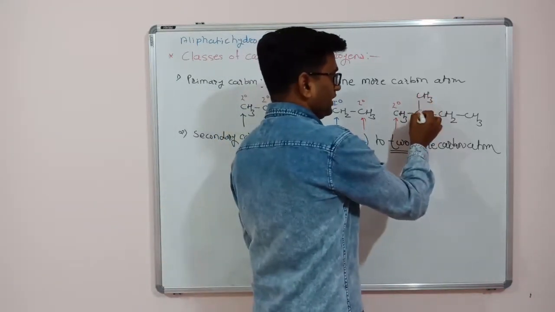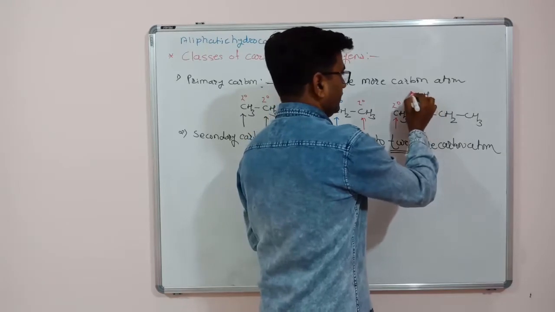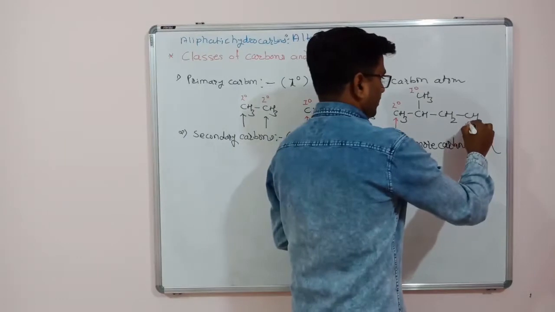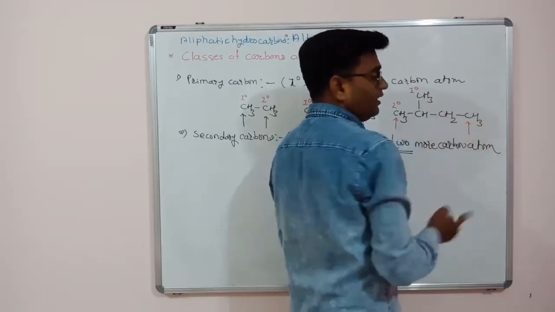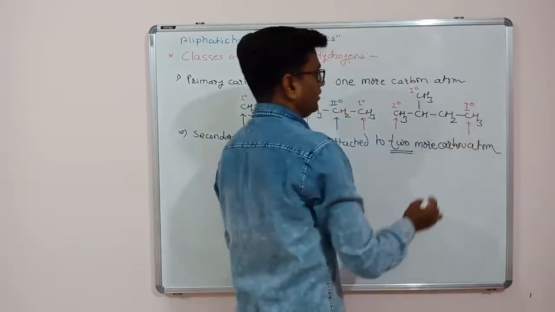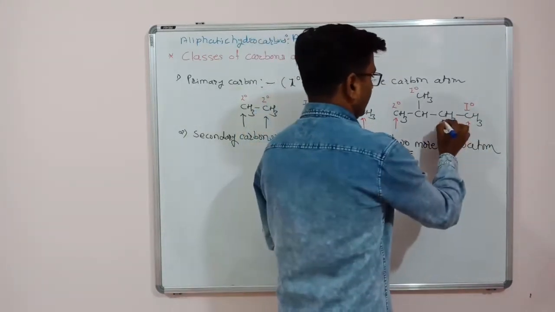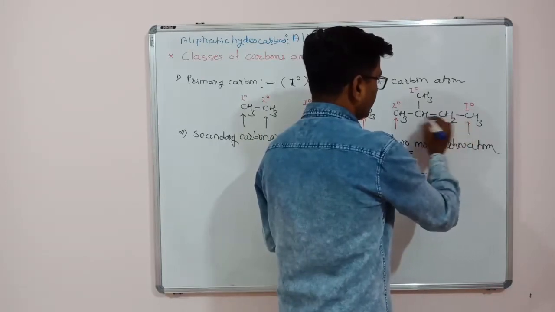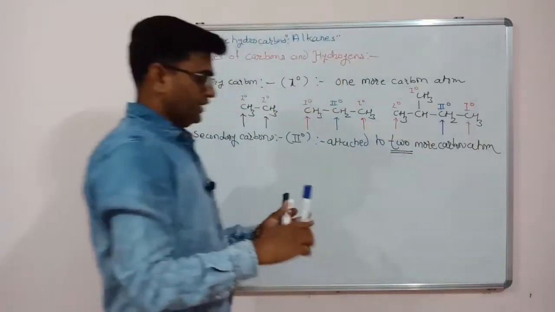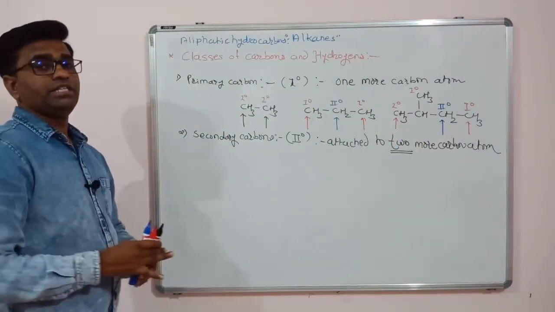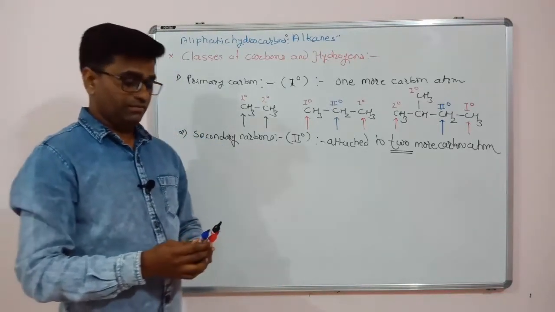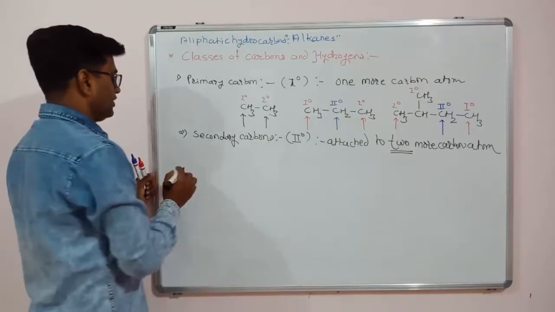This carbon is also attached to one more carbon atom directly, so this is also called a primary carbon. See this one, this is attached to two more carbon atoms, so this is called a secondary carbon. So in this way, if a carbon is attached to two more carbon atoms, then that is called a secondary carbon. Now we'll see what a tertiary carbon is.